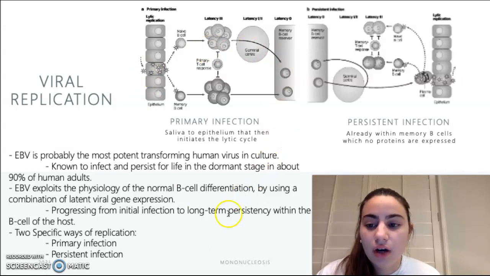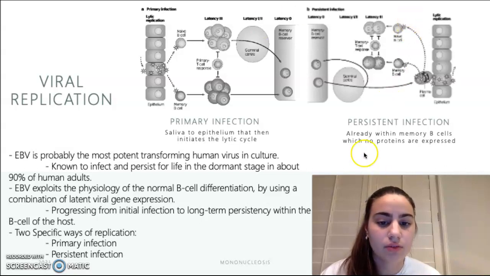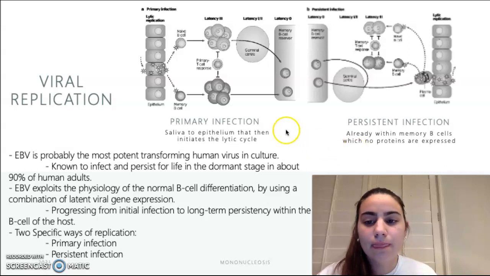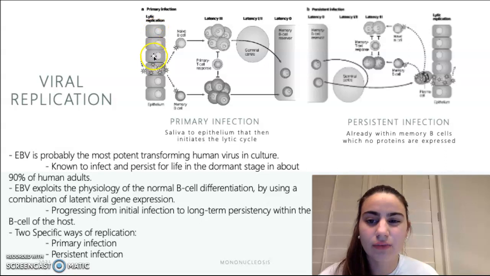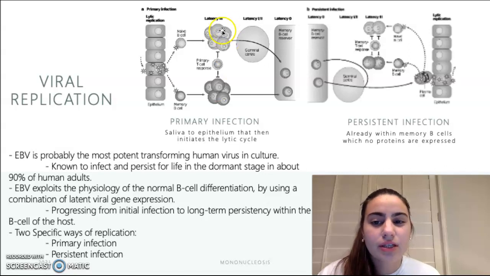So there are two specific ways of replication, and one is the primary infection, which is when the virus is first being introduced to your body, and then there's the persistent infection, which is when you already had the virus and it's dormant in your body, and then it just resurfaces. So for the primary infection, it starts with the saliva and it goes into your epithelium cells, and that's what initiates this lytic cycle and the lytic replication. So that goes into your naive B cells and the memory cells, which then starts the replication process, which is latency 3, which is the EBNA3.